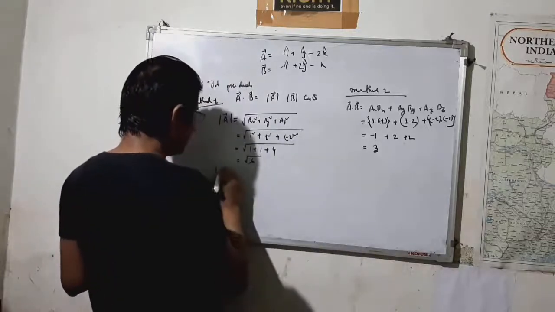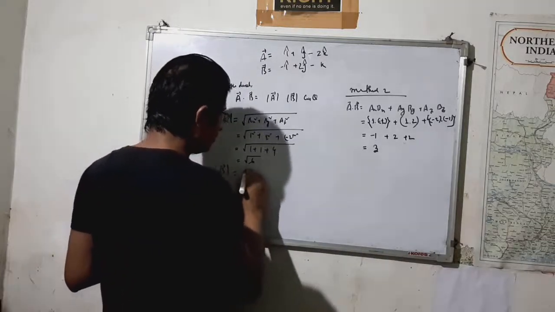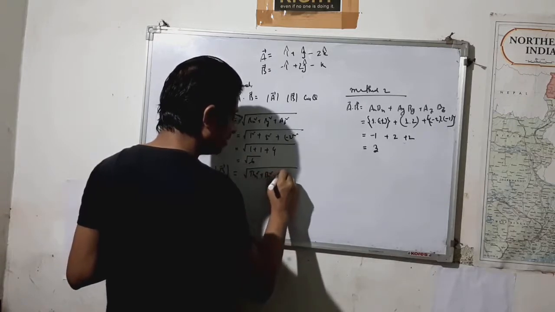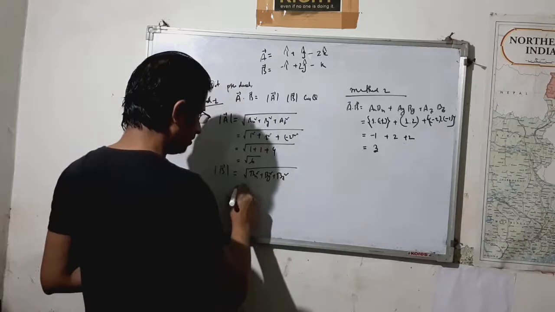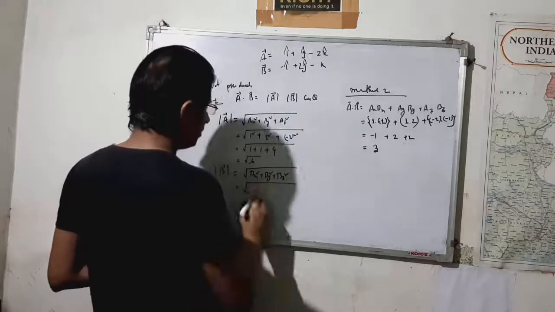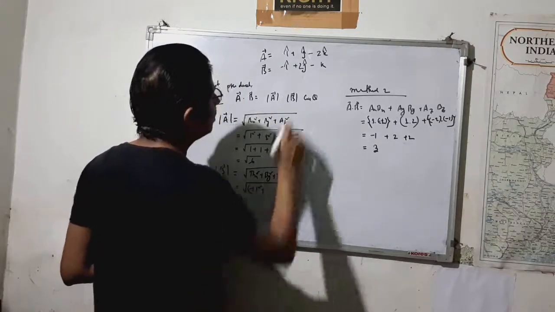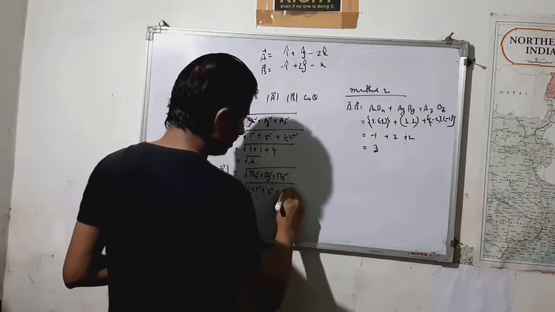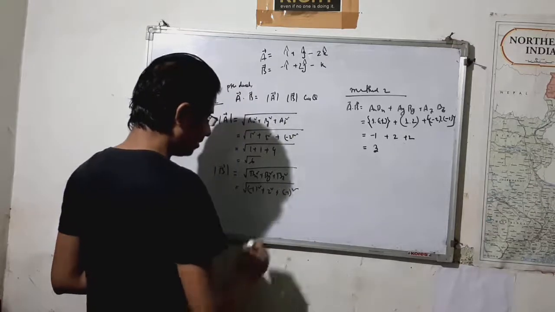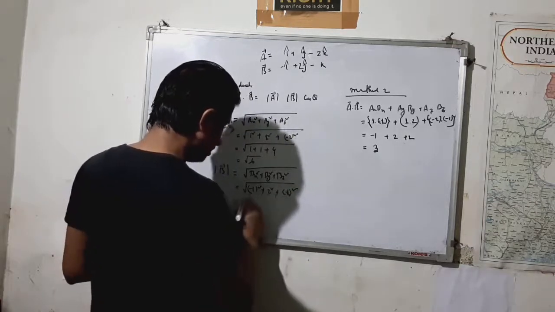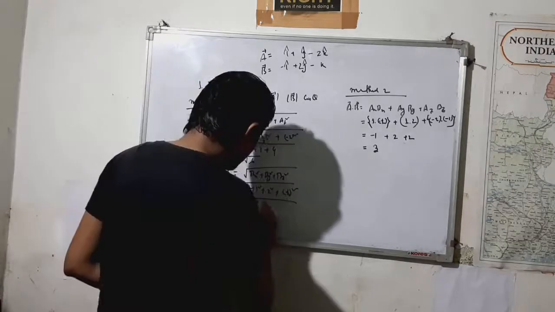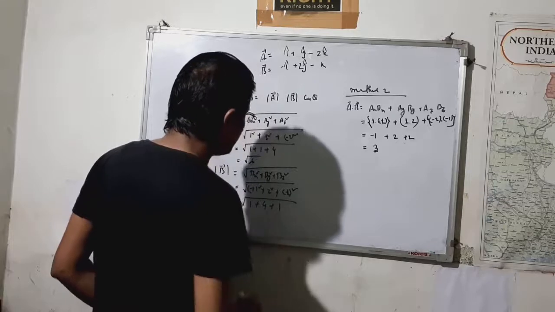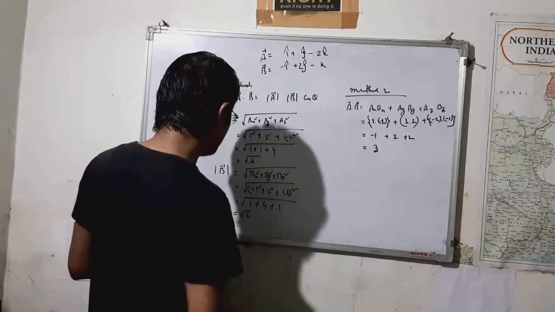Similarly, magnitude of b equals bx square plus by square plus bz square, where bx is minus 1 square, by is 2 square, and bz is minus 1 whole square. So 1 plus 4 plus 1, this is again root 6.